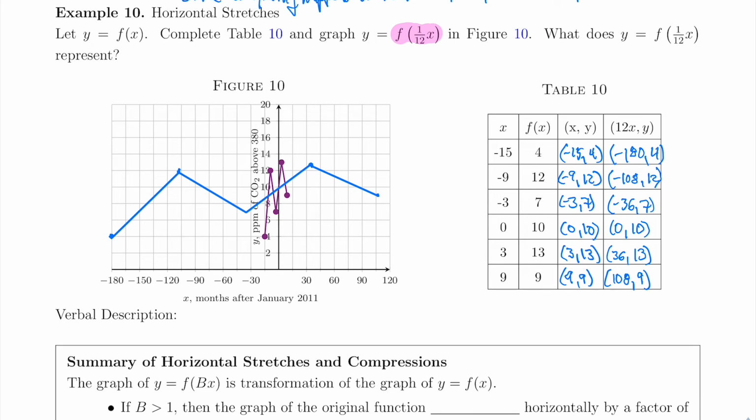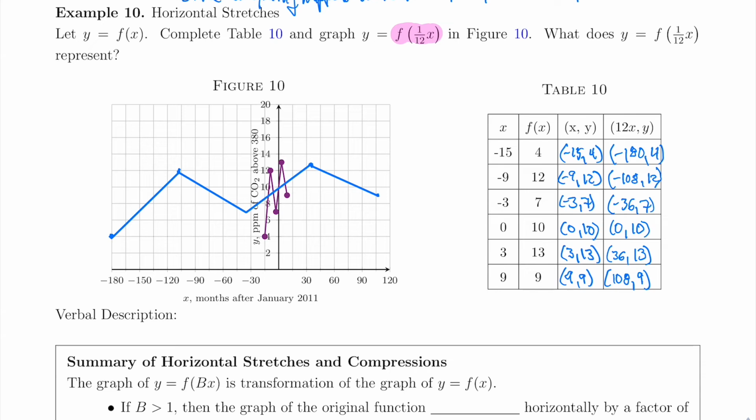So we end up with this graph that is much more elongated, much more stretched out than our original graph, in fact by a factor of 12. So if you imagine that, let's say, instead of going 24 miles an hour through a neighborhood, you're going 2 miles an hour through that same neighborhood.